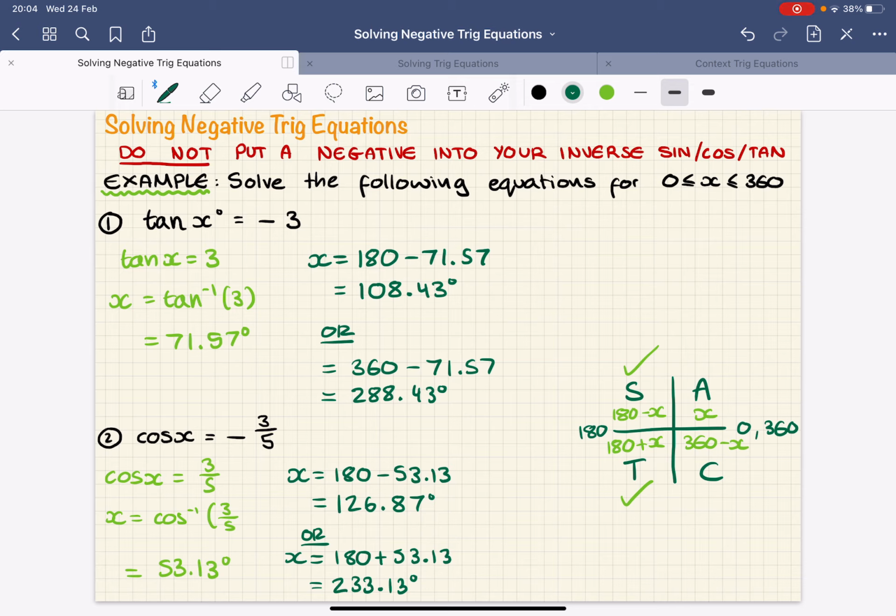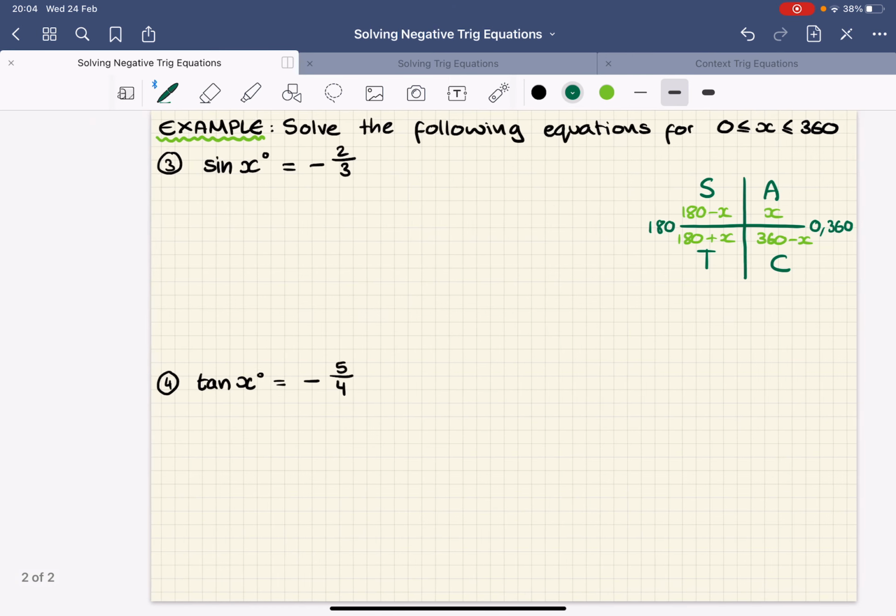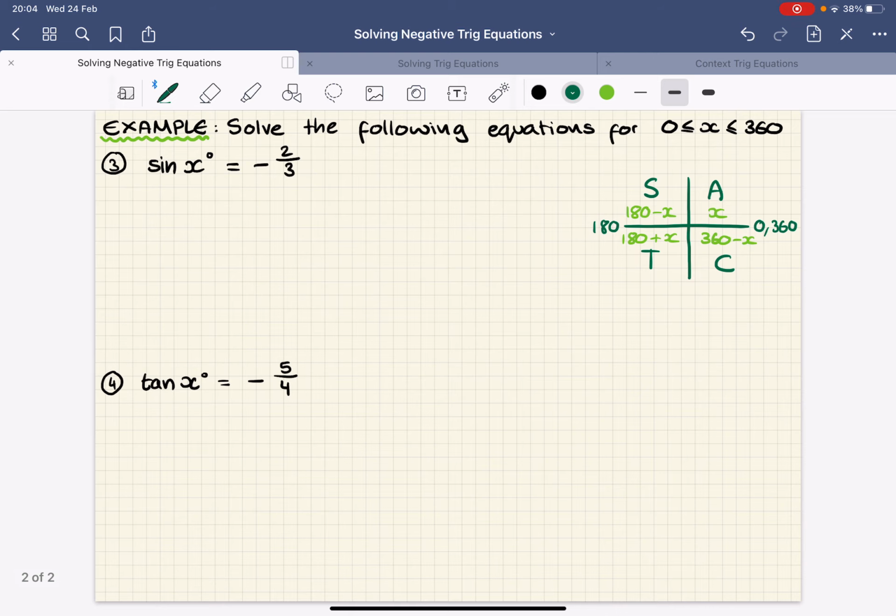Okay, so let's take a look at two more examples. I've already drawn out my cast diagram already there. So this time I've got sine x equals minus 2/3. So sine is typically positive at S and A. So I'm going to tick the other two sections. So those are the two I'm going to use.